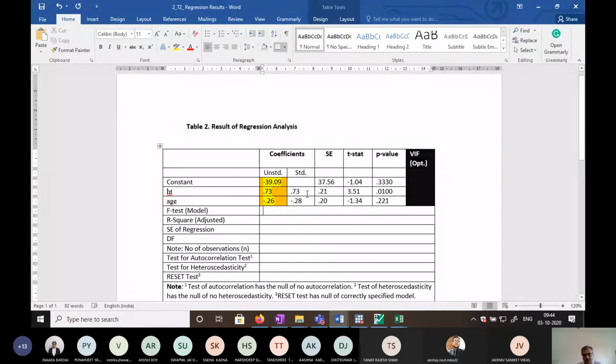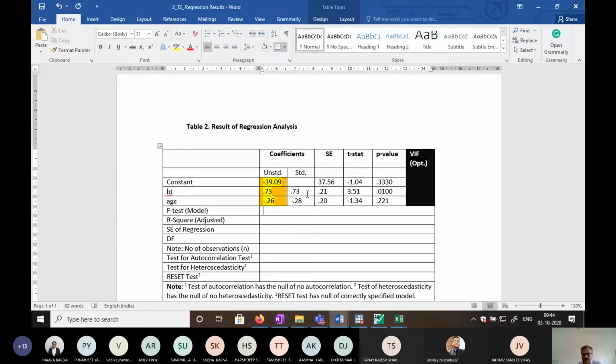Height is supposed to be more important because height has more absolute value, that is 0.73. So the height standardized coefficient is higher in absolute sense. So height is more important than age in contributing to the prediction power for the dependent variable.